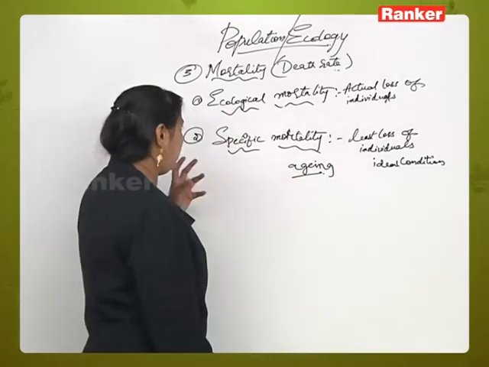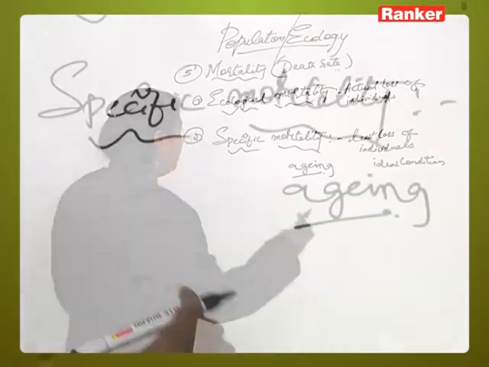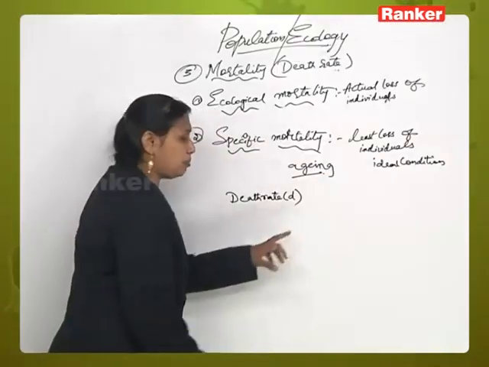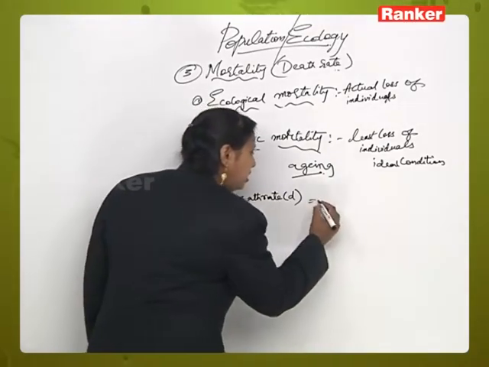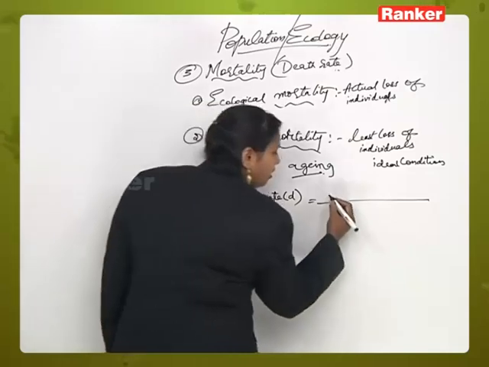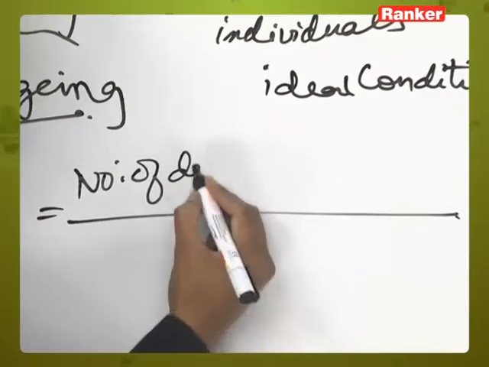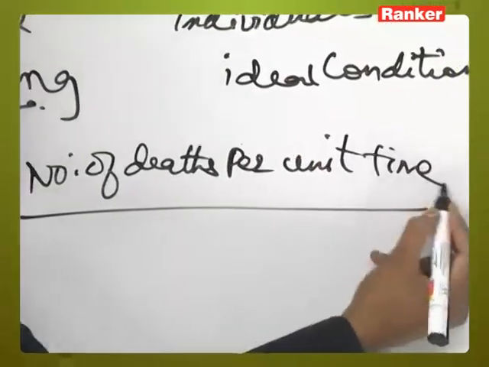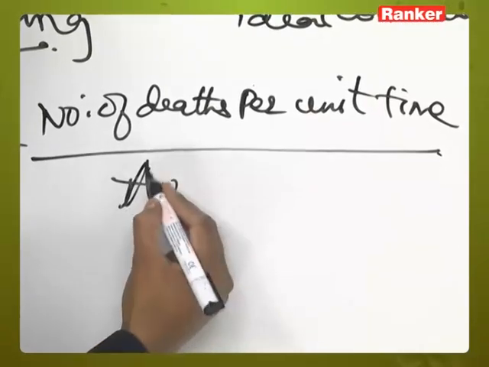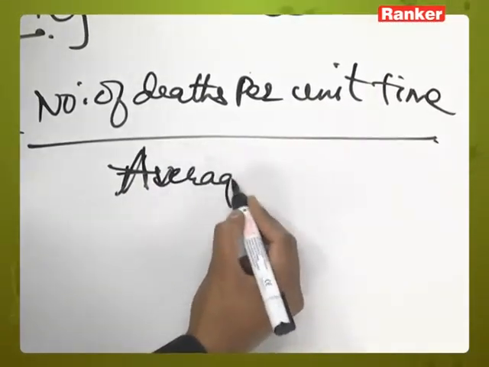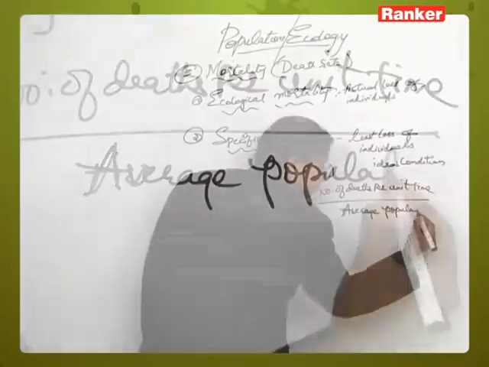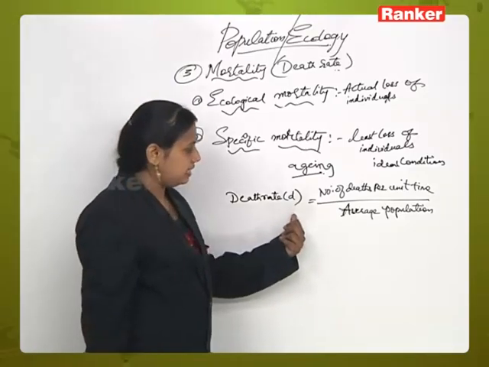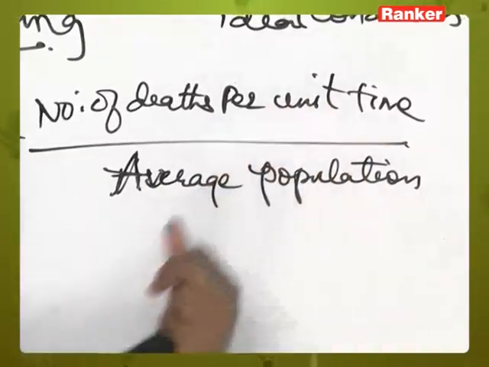This mortality or death rate can be calculated by a formula. Death rate, represented by a small letter d, is equal to the number of deaths per unit time divided by the average population.